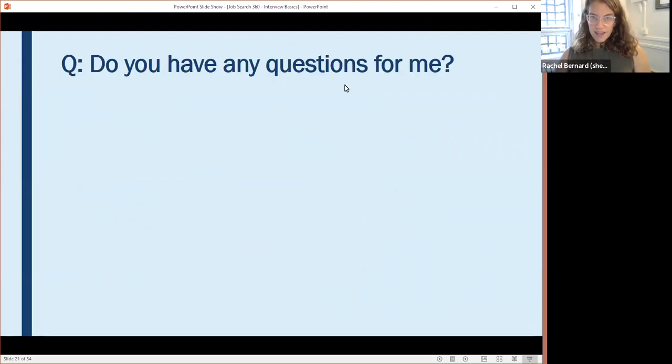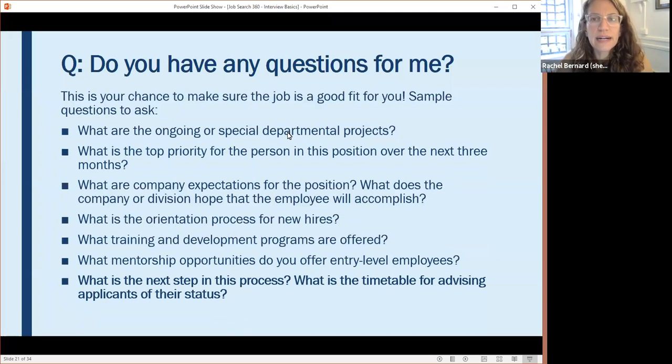The next thing you want to do in your preparation is prepare questions to ask the interviewer. Pretty much every interview will end with, "Okay, now do you have any questions for me?" This is an opportunity not only to ask those very real questions you do have to determine whether the job is a good fit, but it's also kind of a test.